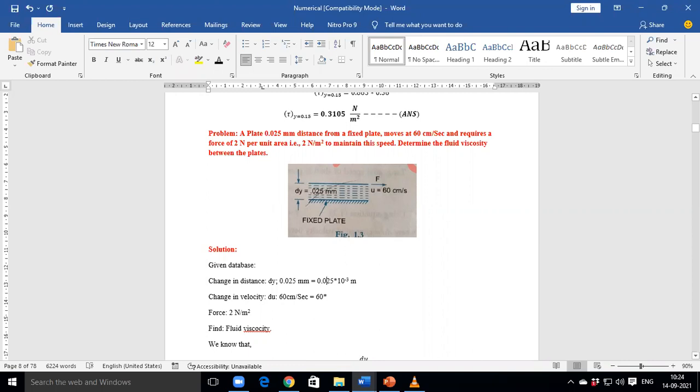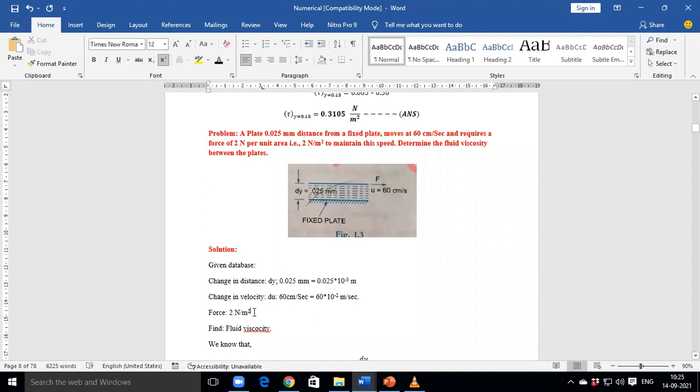So dy is 0.025 into 10 to the power minus 3 meter. The next term is the change in velocity, du, 60 centimeter. This 60 centimeter needs to be converted into meter. What will be the power of 10? Minus 2, correct. Minus 2 meter per second.